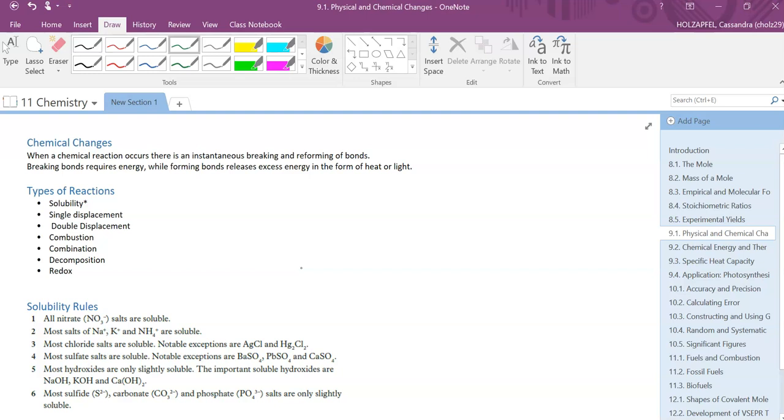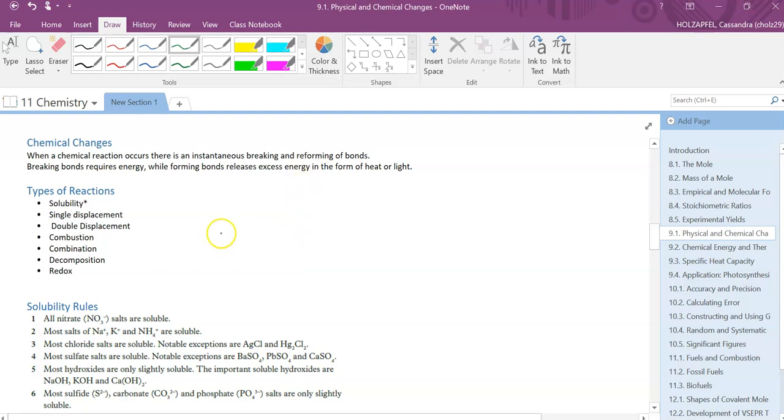So for example, if I was burning a piece of wood, the carbon in the wood is burning with oxygen to form charcoal or coal or carbon dioxide or carbon monoxide or whatever product of carbon. And we see that energy released in the form of a flame, because we can feel the heat from that flame, and we can also see the light from that flame. So there's always energy involved in these processes.